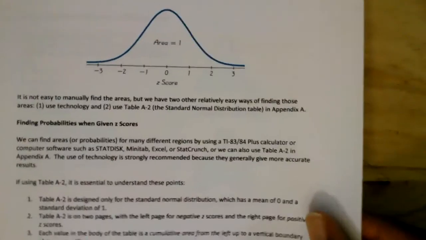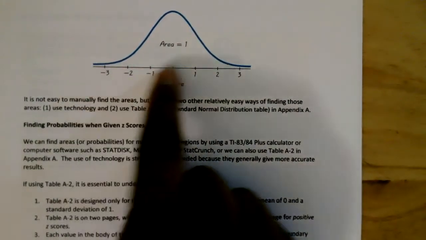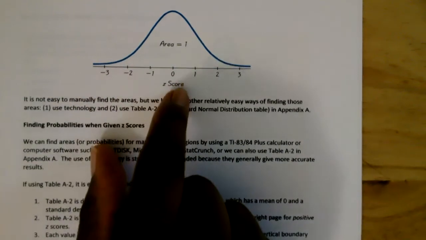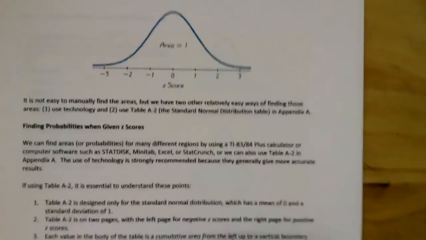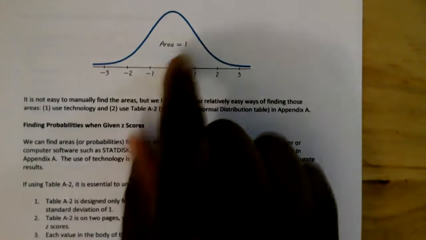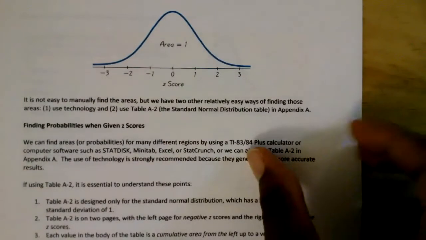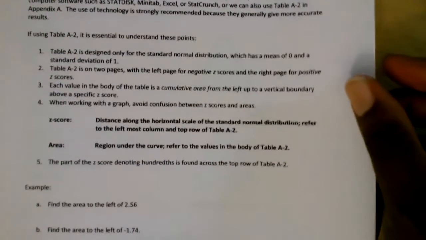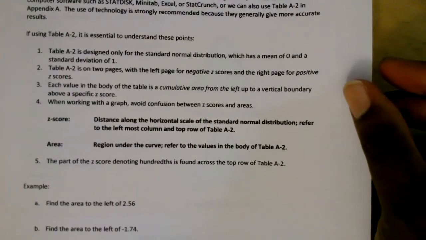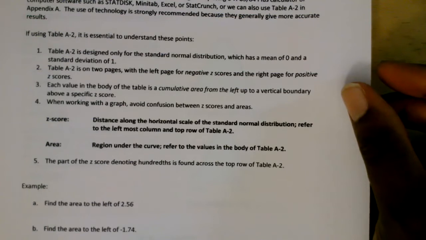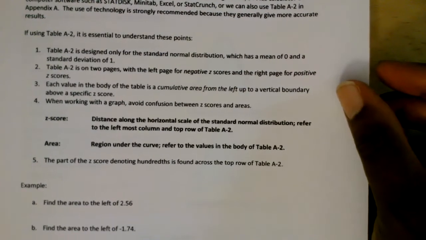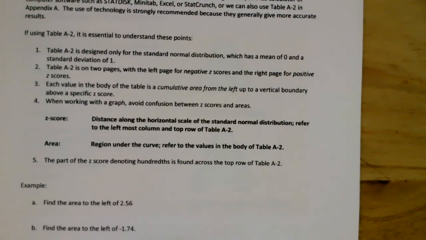So that normal curve that I showed you, this horizontal axis, that is your z-score. The area is this space right here underneath that curve. That represents the region under the curve, and you refer to the values in the body of table A-2. So don't get z-scores and areas confused.